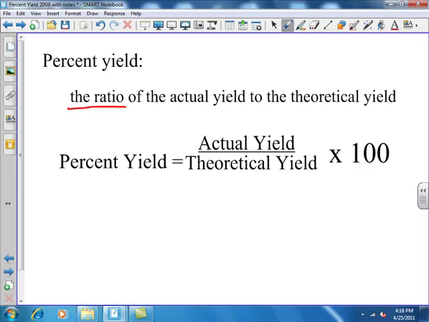And really this is how you calculate your grade. You got 55 out of the total 65 possible points. Well, you calculate your percent, that's your percent yield. The way you do it is you take your actual yield and divide it by your theoretical yield, and then multiply by 100, and that's your percent yield.